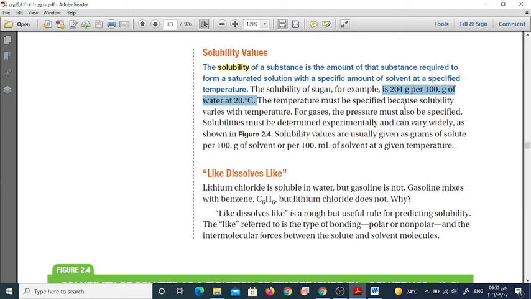If the solution contains exactly 204 grams of sugar in 100 grams of water at 20 Celsius, this solution is called a saturated solution. Okay, and usually the solubility is denoted by grams of solute per 100 grams of water at a specific temperature.